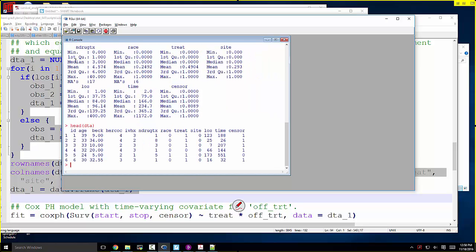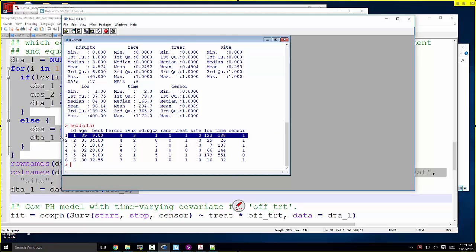So remember, this is what our data looks like, the raw form. We have a single row for every individual. Row 1 is for ID number 1, that's individual 1, and we have all their covariates. There's no off-treatment variable in there because we haven't created that yet. But let's look at this individual 1 for a second.